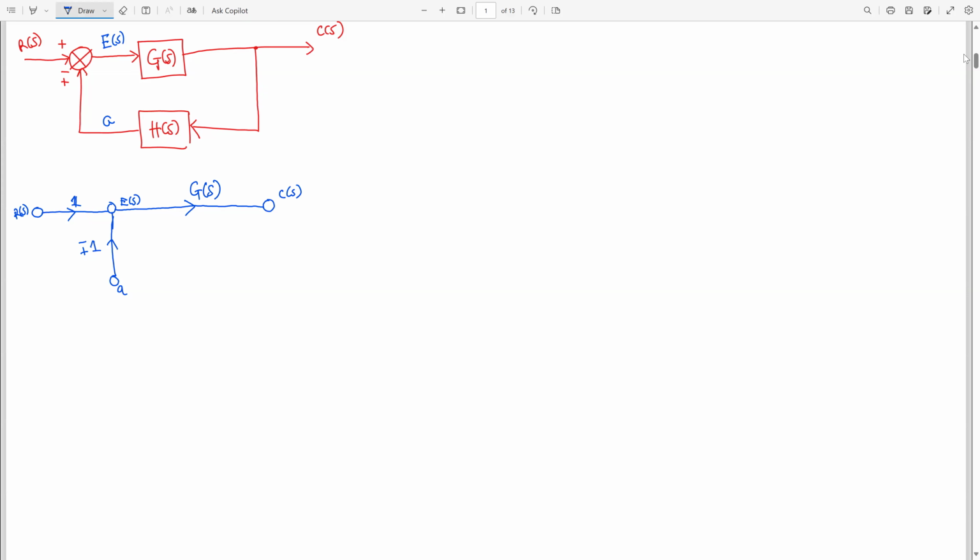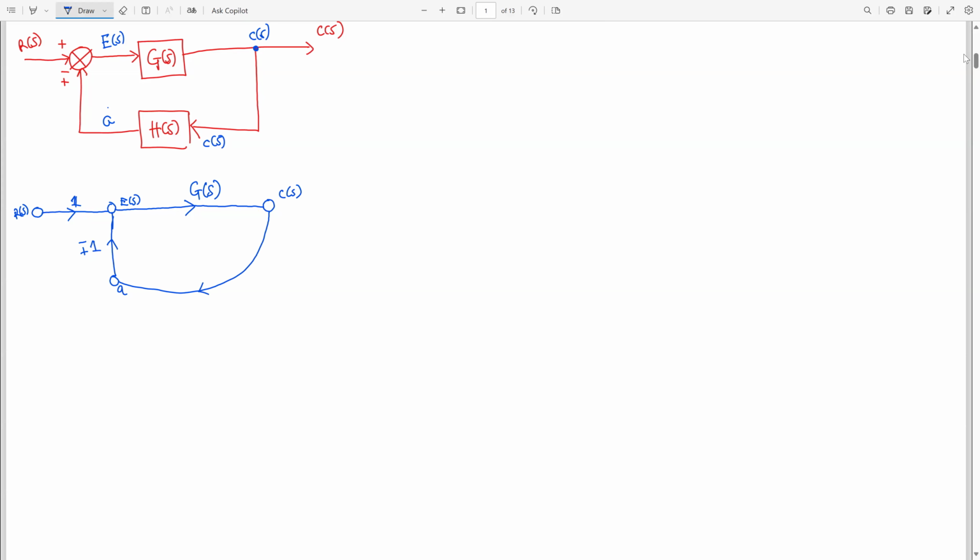And then from there we join this. You see, this is a pick-off point, so it's going to be the same signal. The signal here is going to be the same signal here, so there's no need for us to add another node. We can just connect this node straight to the signal node A. Connect it like this.